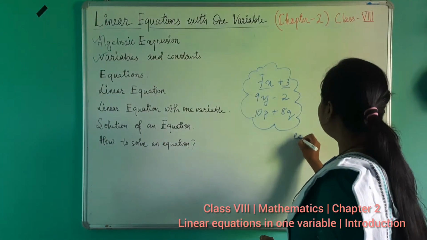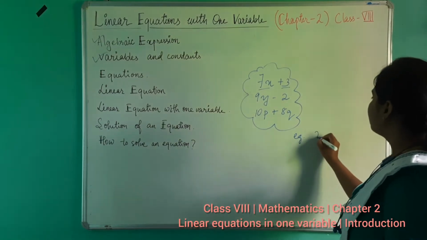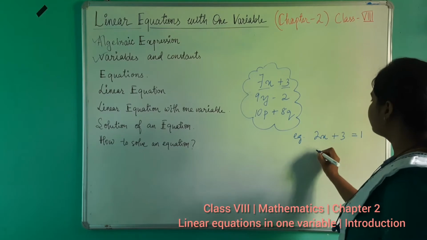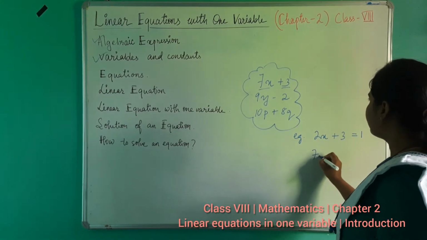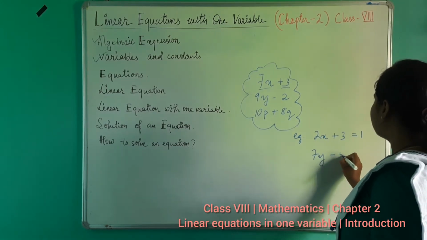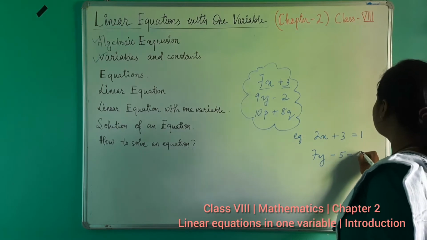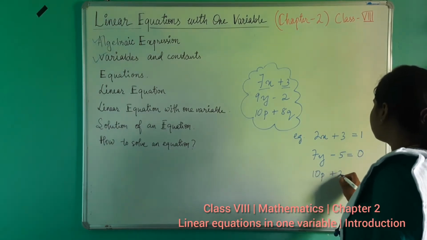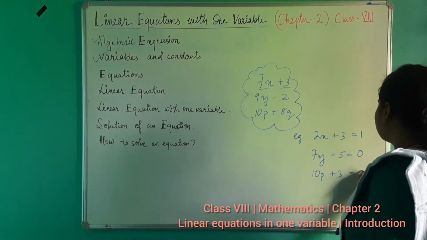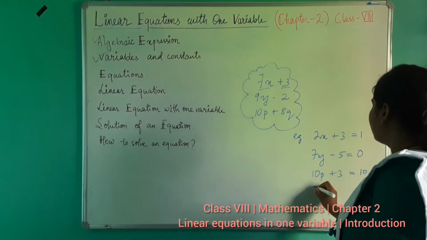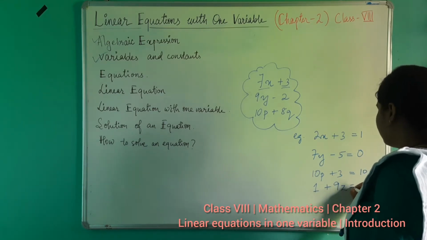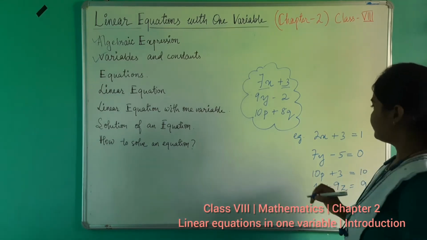For example, 2x plus 3 equals 1, 7y minus 5 is equal to 0, 10p plus 3 equal to 10, 1 plus 9z equal to 9.